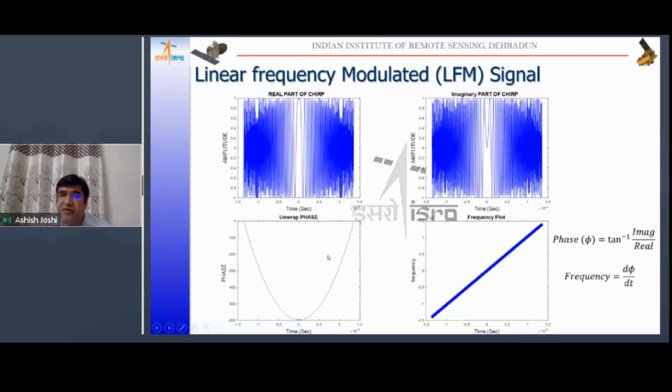If we differentiate the phase with respect to time, we get the frequency. Differentiating this term gives a straight line, so the frequency is linear in nature. That's why we call it the linear frequency modulated signal. We calculate the phase out of the real and imaginary parts, find the frequency, and it comes out linear.